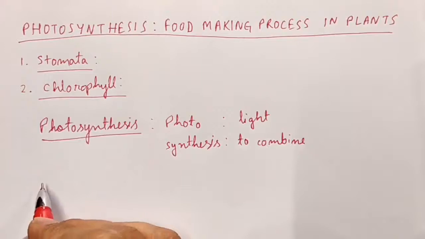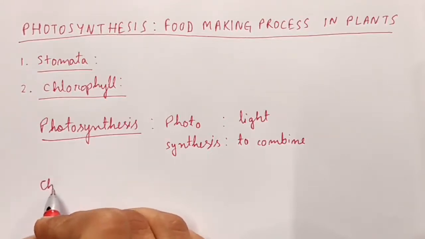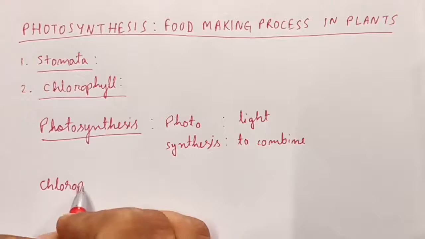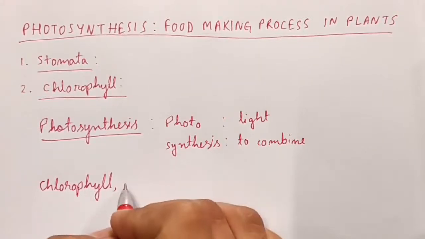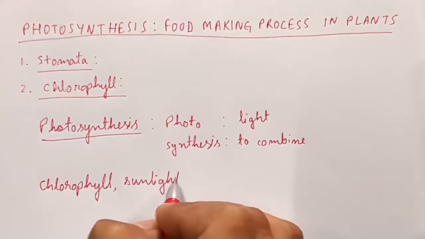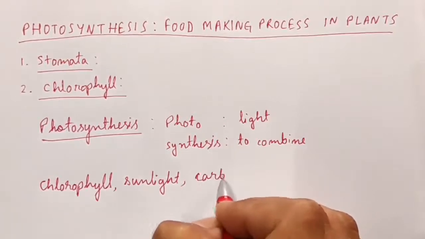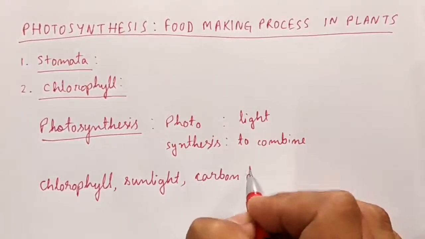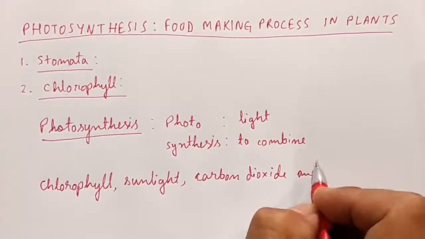So in order to do photosynthesis, the requirements are chlorophyll, sunlight, carbon dioxide, and water.